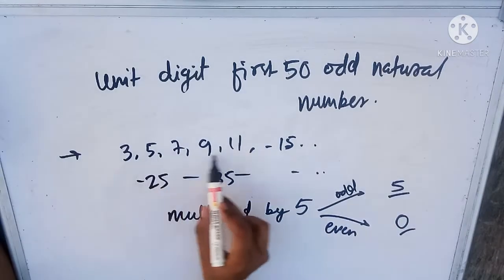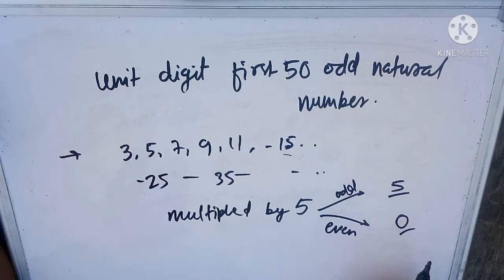So here we have 5 multiplied by odd numbers. Thus we can easily say that whatever the answer is, the unit digit must be 5 only. Thus the answer of this question is also 5.